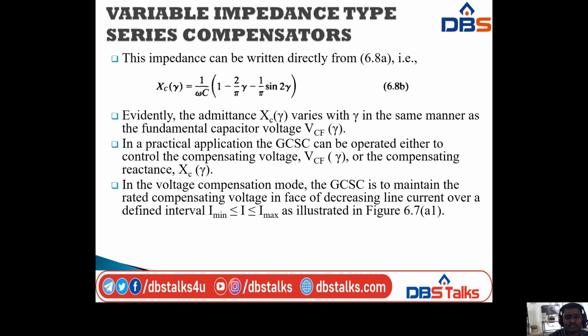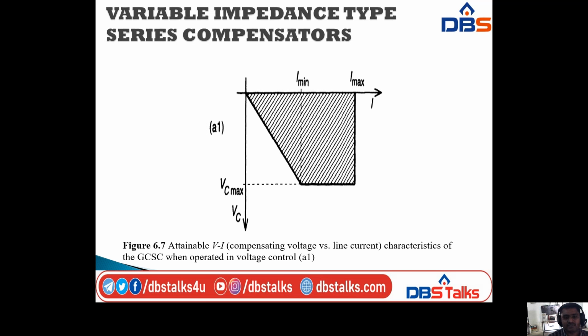In the voltage compensation mode, the GCSC is to maintain the rated compensating voltage in the case of decreasing line current over a defined interval, that is I lies between I minimum and I maximum, as illustrated in 6.7a1, this diagram. In this one we have the VA characteristics. On the x-axis we have current values, and on the y-axis we have the capacitor voltage.